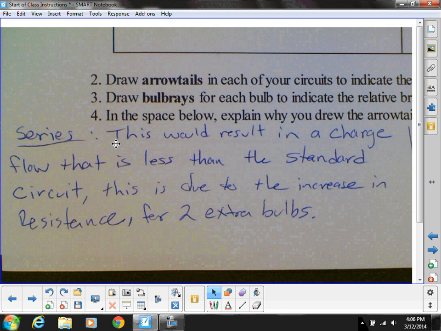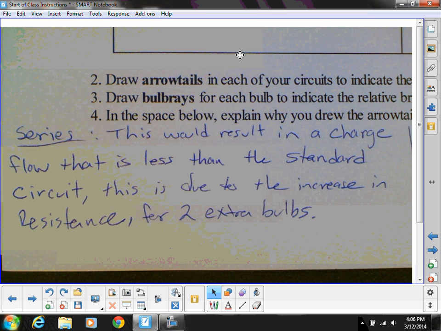Well, if we compare that circuit to what our standard circuit is, and if you think back to reading number 2, when we first saw the arrow tails and bulb ray patterns, a standard circuit has a 3-cell battery pack in it and 2 bulbs hooked up in series. Well, here we have a 3-cell battery pack with 4 bulbs hooked up in series. And so that circuit would result in a charge flow that is less than the standard circuit.